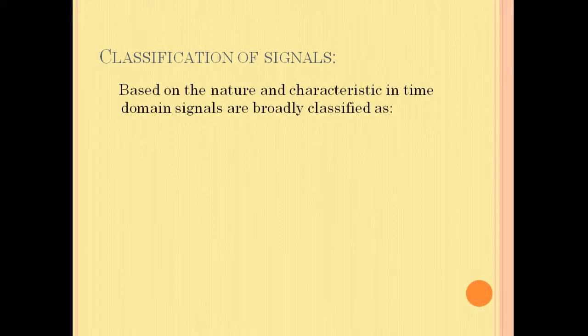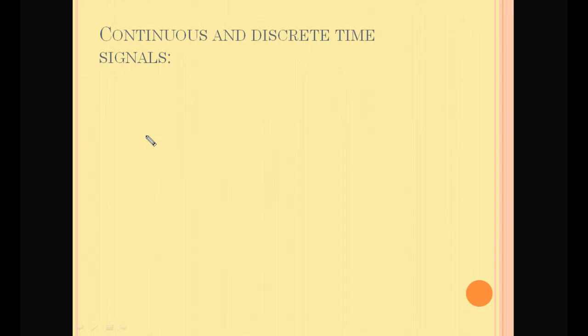Based on the nature and characteristic in time domain, signals are broadly classified as continuous time signals and discrete time signals. Let us understand what continuous time and discrete time signals are. A signal is called a continuous time signal if it is defined at all instants of time.